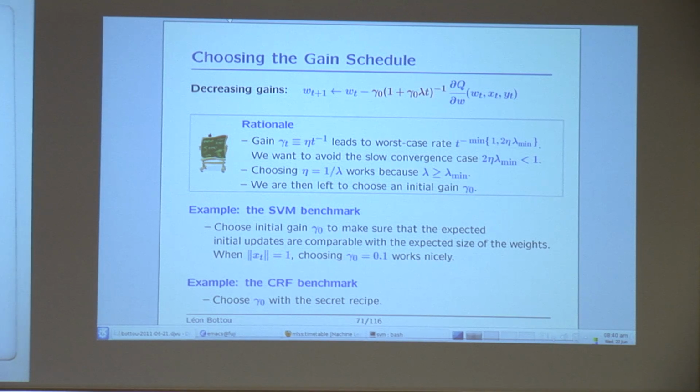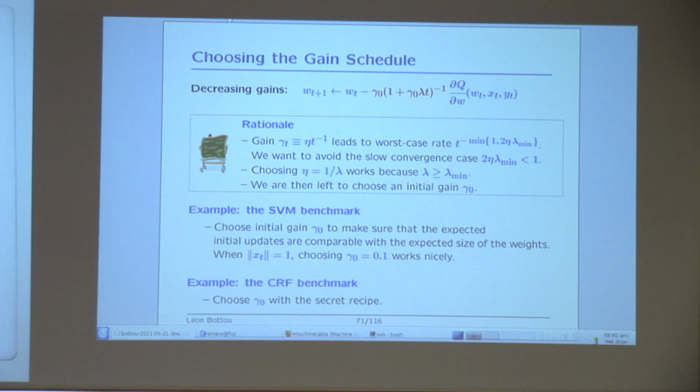Now, of course, when you choose eta large enough, you have to be careful because the first values of the gamma could be very large. This is why I have all the tricks to make sure it starts at gamma 0. And because we have a regularized loss, we know that we have a minimum curvature that's given by the lambda parameter of the regularization.